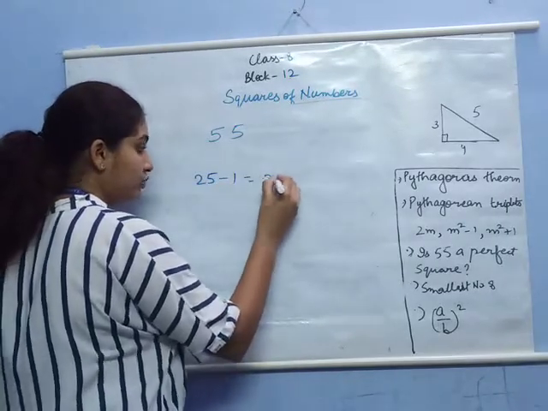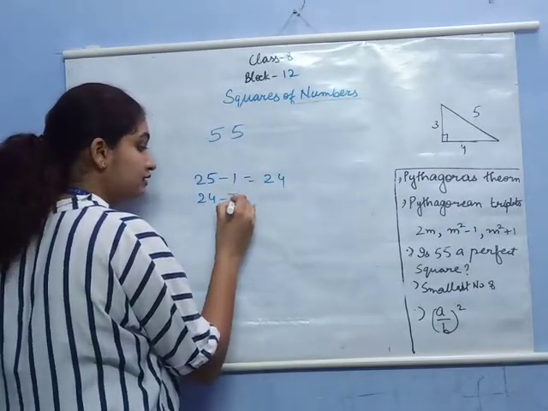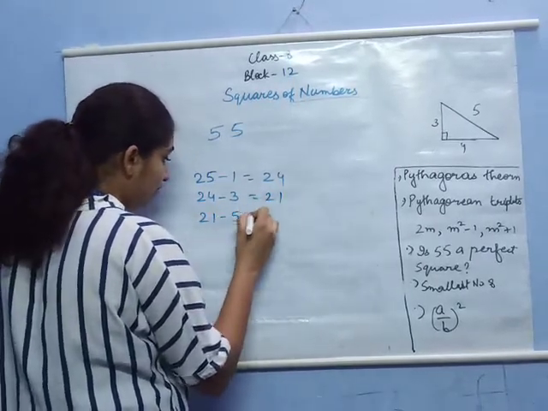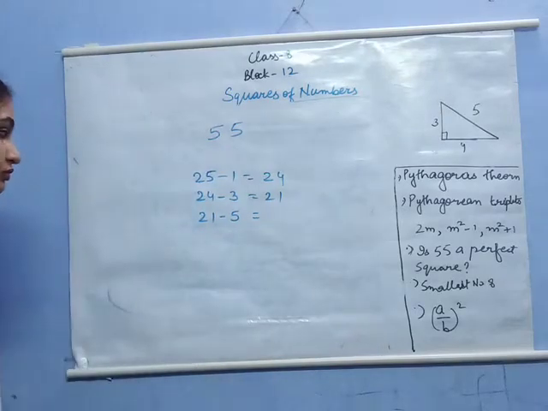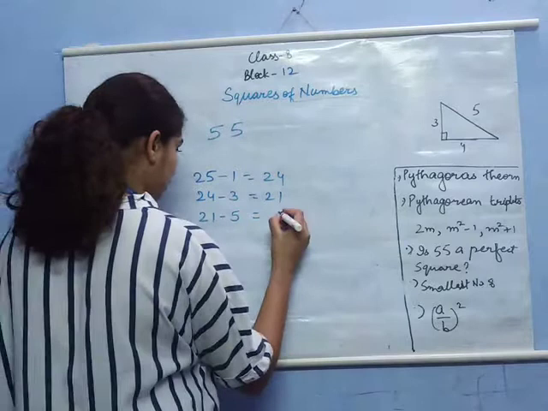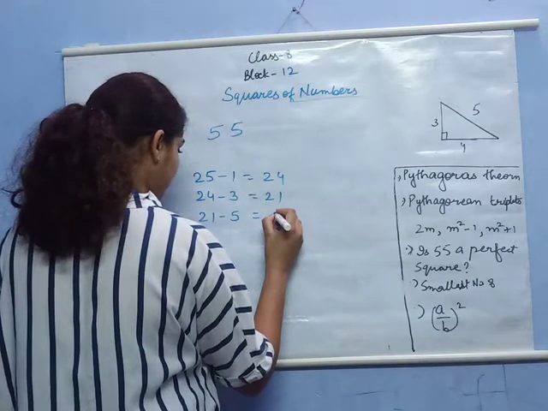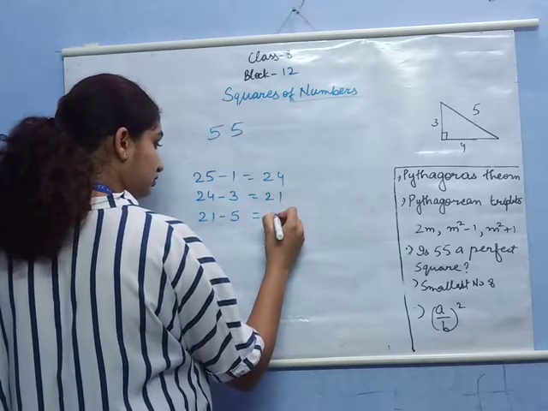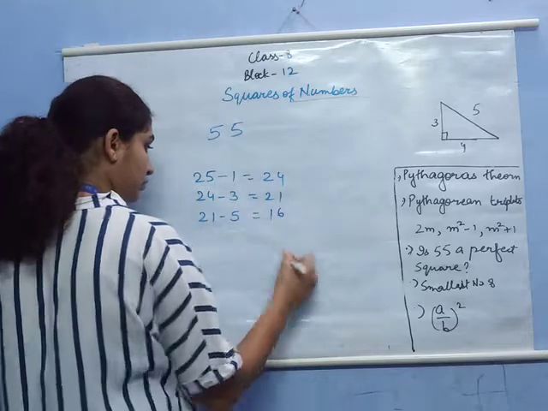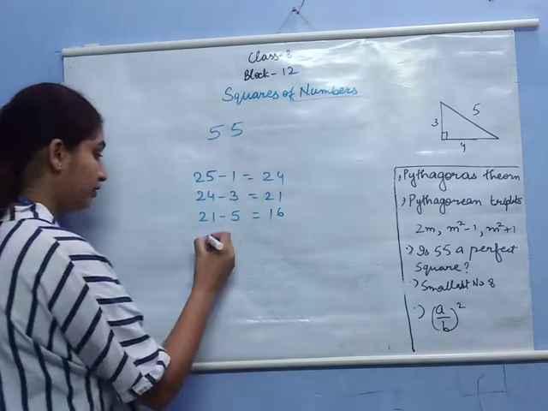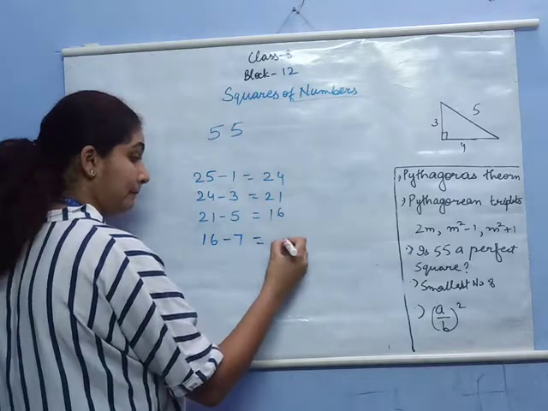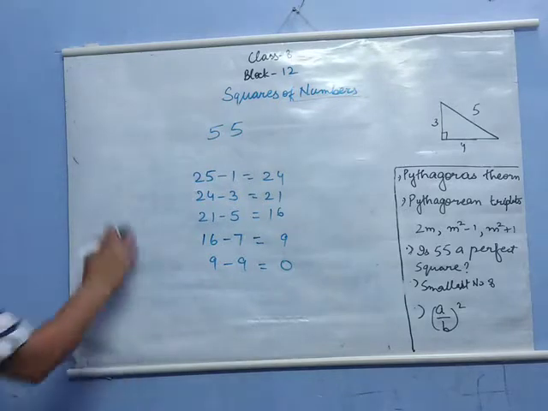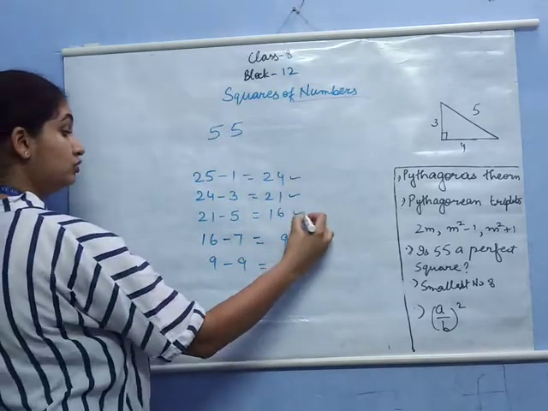25 minus 1 is 24. 24 minus 3, because the next odd number is 3, is 21. 21 minus 5. What will be the answer? 16 minus 7 is 9. 9 minus 9 is 0. What have we done? 1, 2, 3, 4, 5.